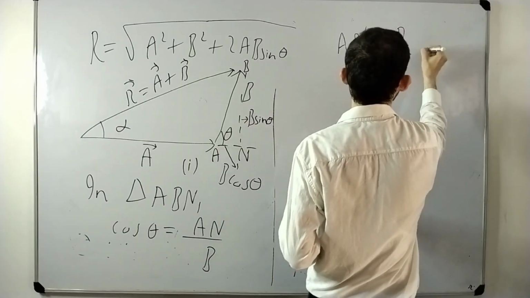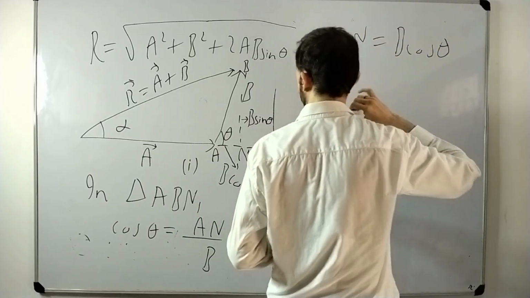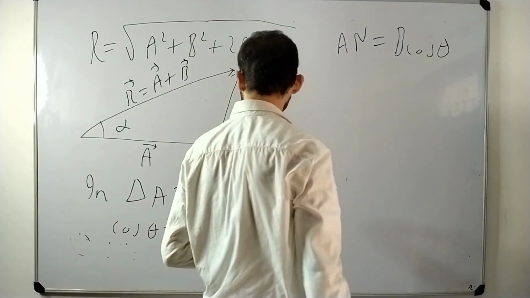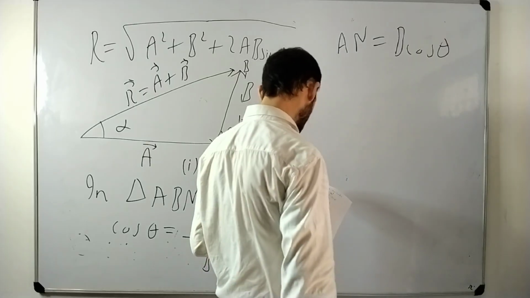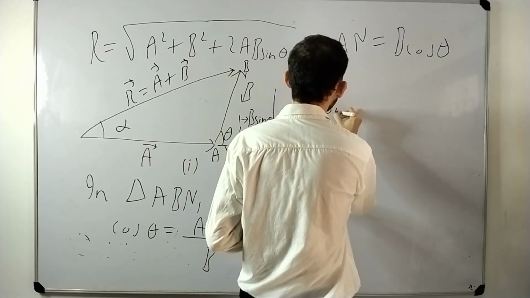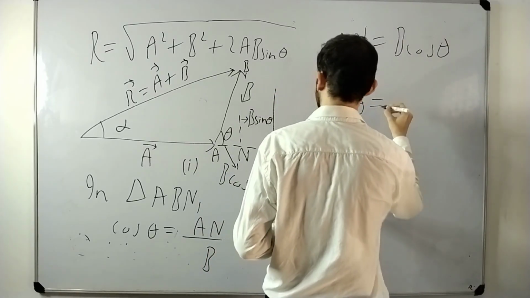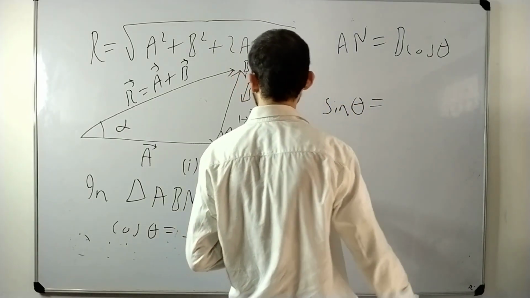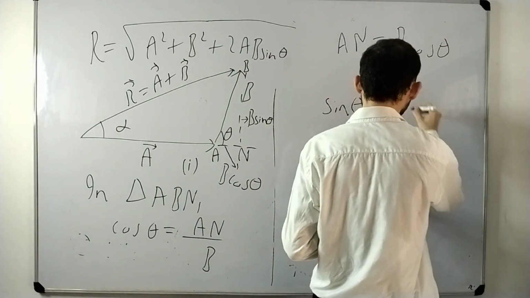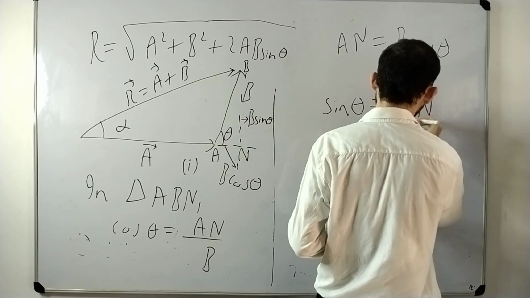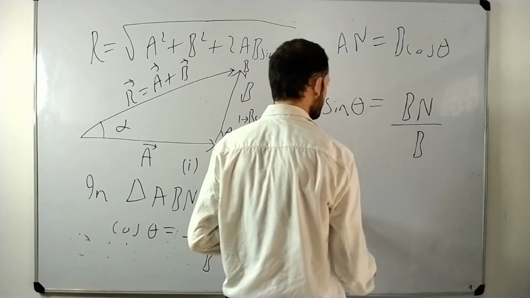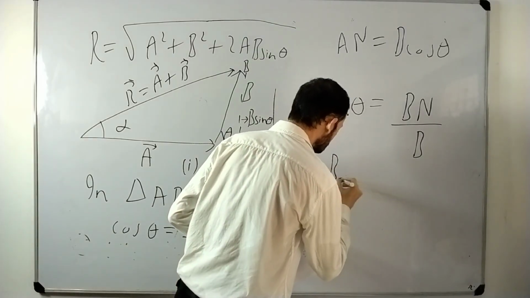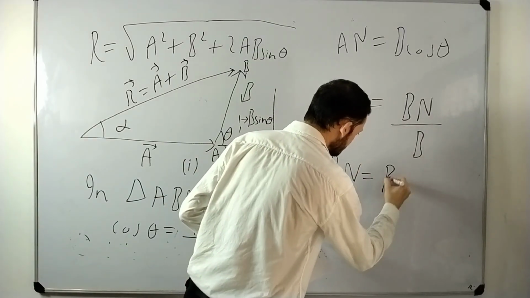B cos theta. Now the next part, what value do we have to find? We need to find the perpendicular. Yes, very nice, students. Sin theta is BN over what, students? Yes sir, the hypotenuse. Then BN happens to be B sin theta.